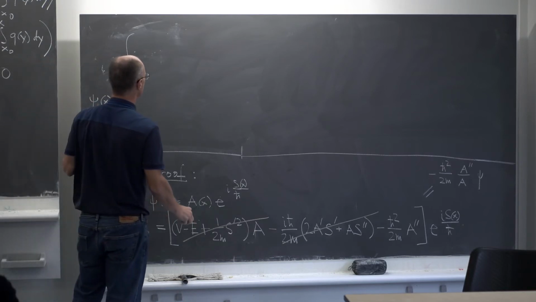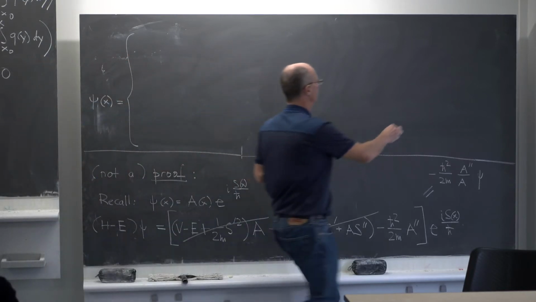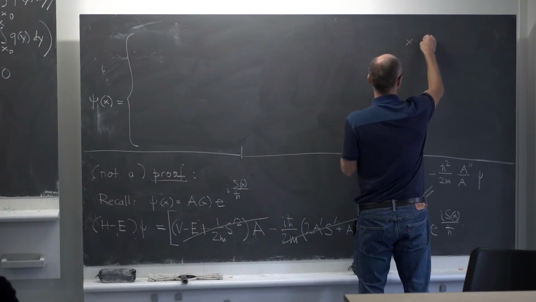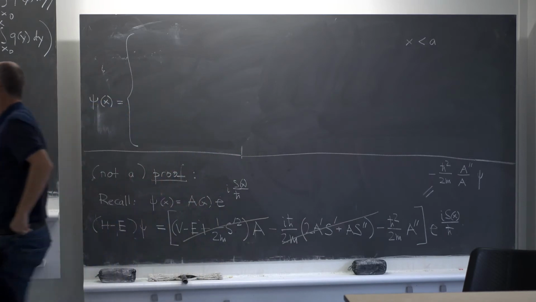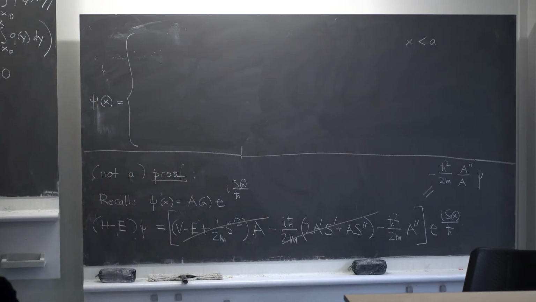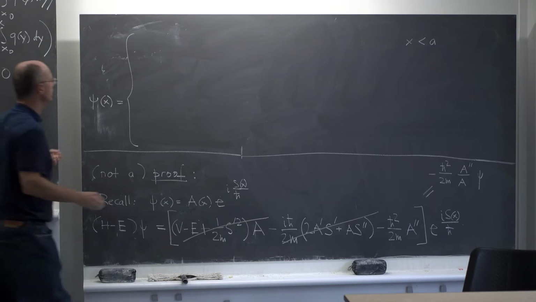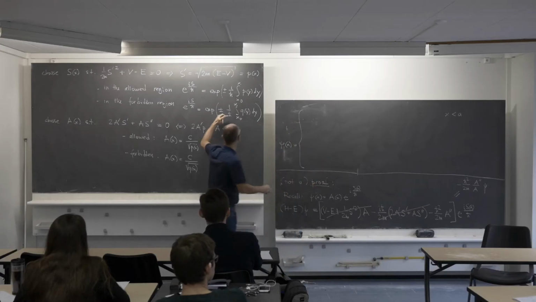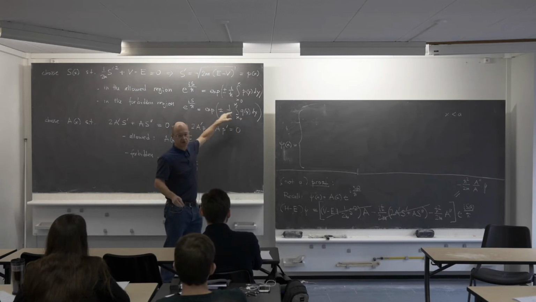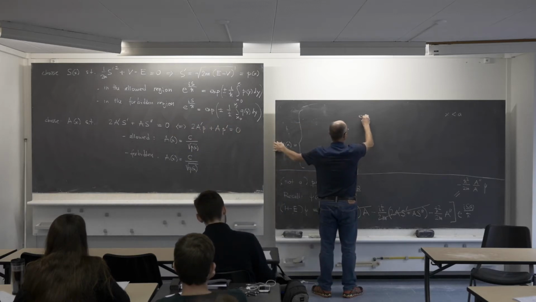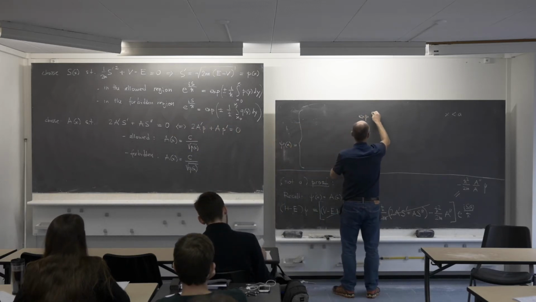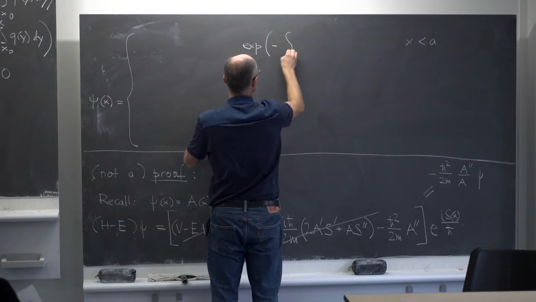So first of all, let's say for x smaller than a, I'm in the forbidden region. And in the forbidden region, I have two possible exponentials that I can write there. I will prefer the following exponential.